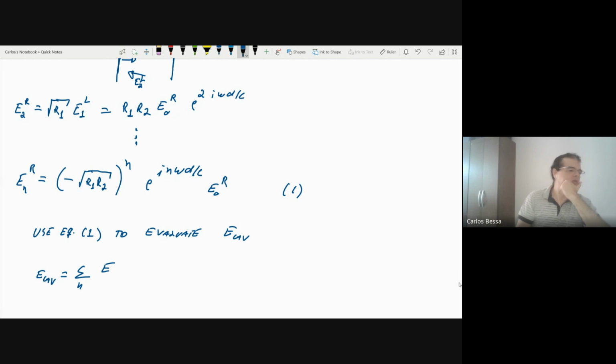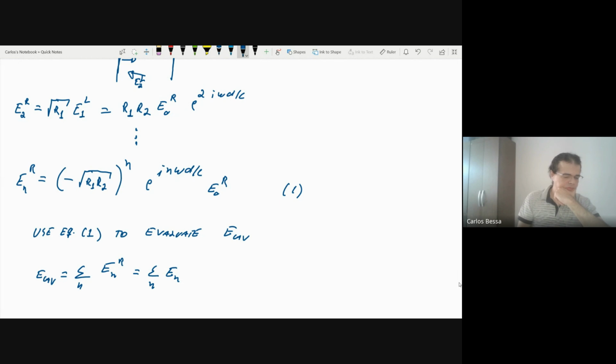Nielsen and Schwang don't use this R and left index. I put it here because it's simple to understand, but I don't need to write this extra index here. So this is the same. This was just to see what is happening.